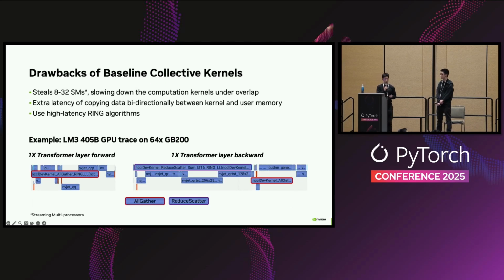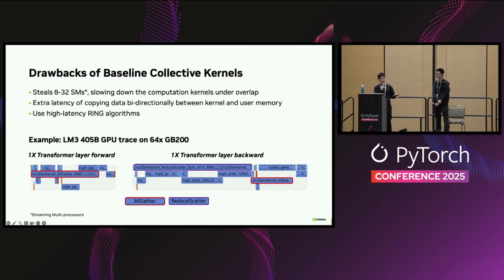The next problem we look at is the collective performance itself. Baseline FSDP communication, like all-gather and reduce-scatter, has a lot of problems. It uses about 8 to 32 streaming multiprocessors from the computation, so computation kernels are much slower while they are overlapped with the communication. I have 2 GPU traces here, both from Llama 405 billion.